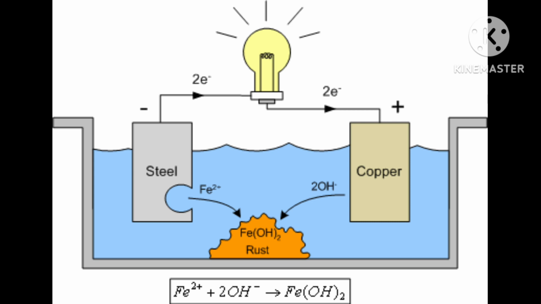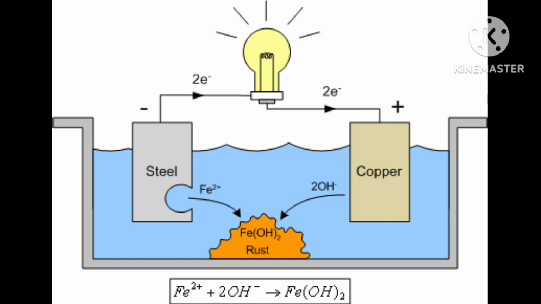Here H2O breaks into H plus and OH minus. This H plus requires an electron. The electron is taken by H plus, the hydrogen ion, and it converts to hydrogen gas, H2.